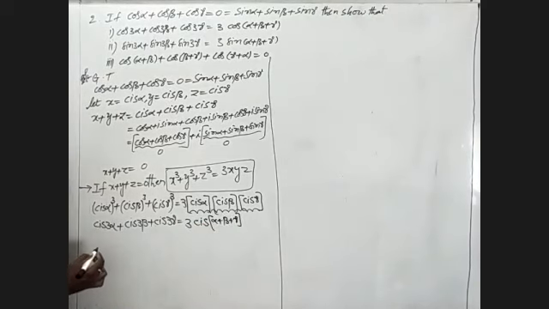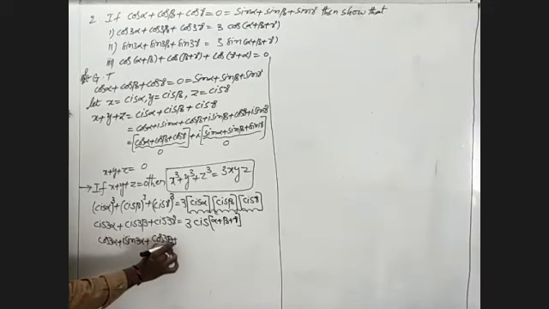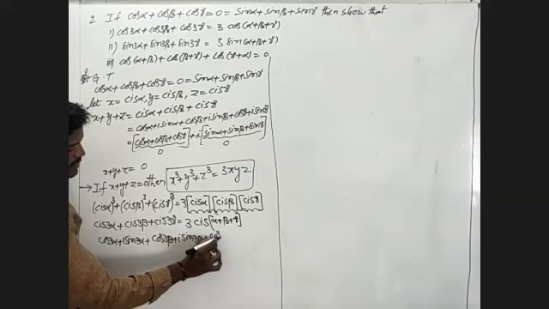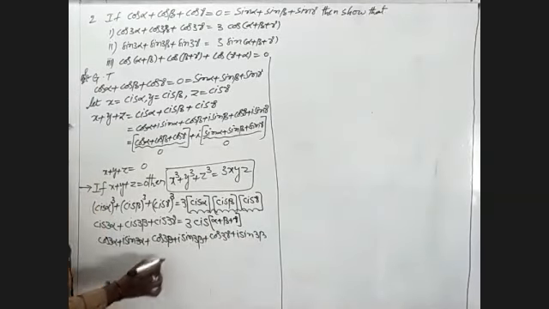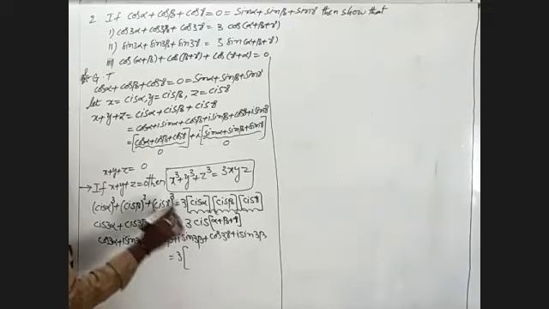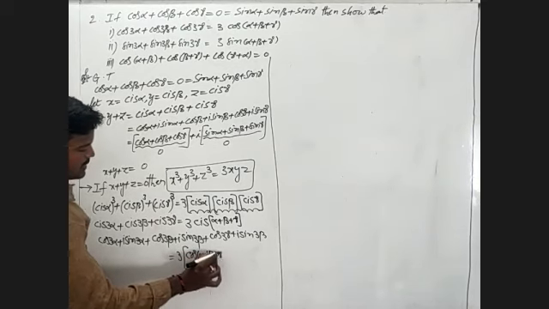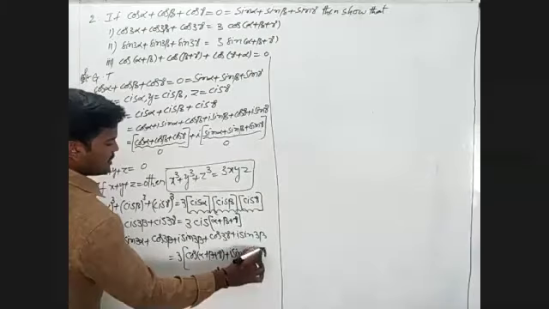That means we expand this: cos 3 alpha plus i sin 3 alpha, plus cos 3 beta plus i sin 3 beta, plus cos 3 gamma plus i sin 3 gamma. And we expand 3 into cis of alpha plus beta plus gamma as cos of alpha plus beta plus gamma plus i into sin of alpha plus beta plus gamma.